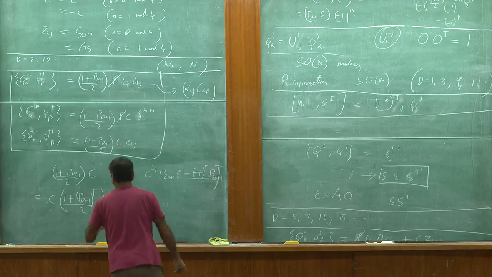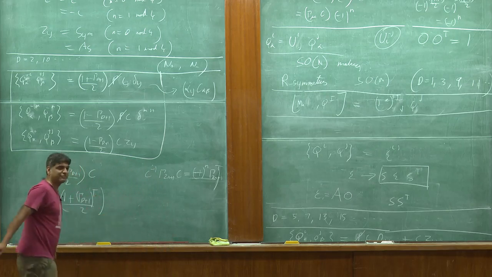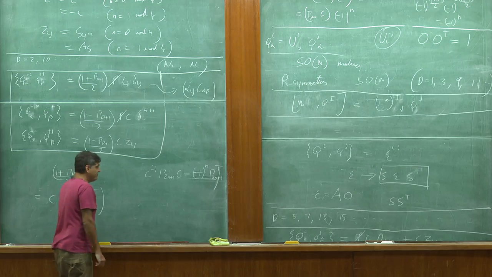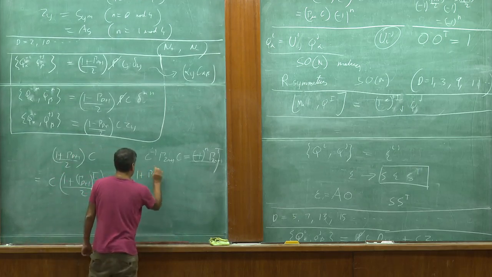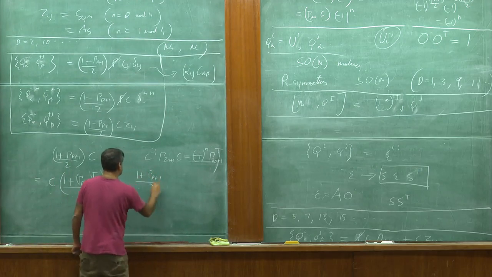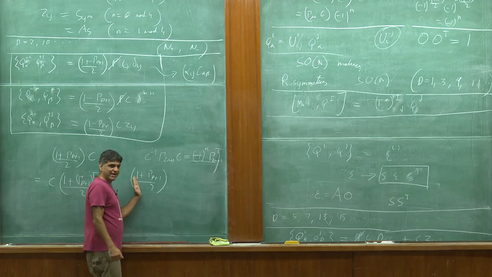No, I wanted it with minus. I wanted this thing with the transpose. You see, sorry, what was I after? I was after saying that if I multiply with 1 plus gamma d plus 1 by 2 from the left, this leaves it invariant.